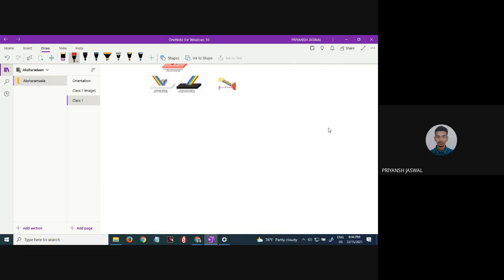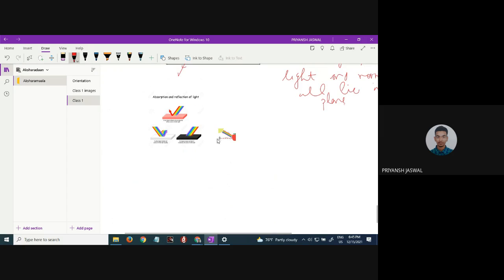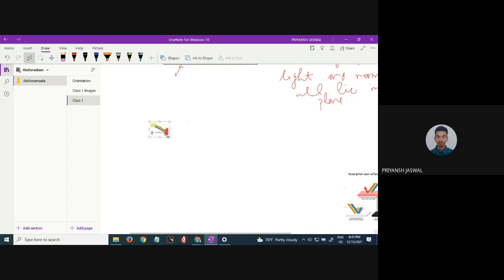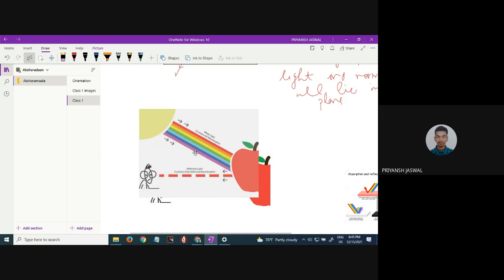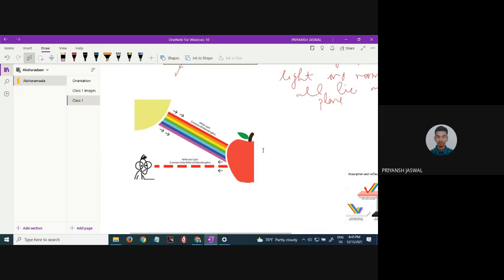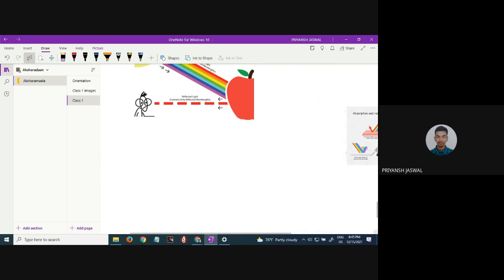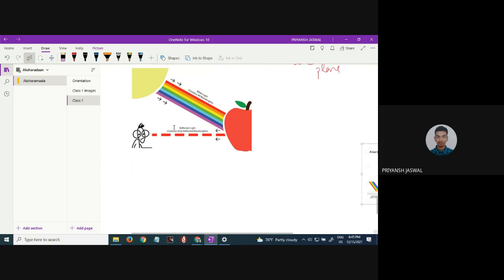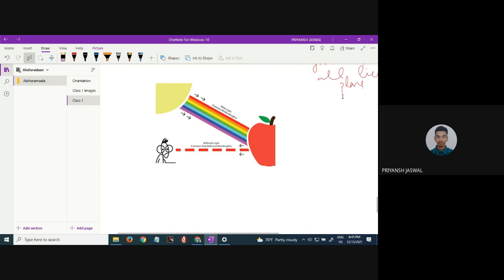Now let's look at why objects have colors. Let's see this image first. We all know that an apple is of red color, right? This is the apple and it is red. The first question is how we see the apple.